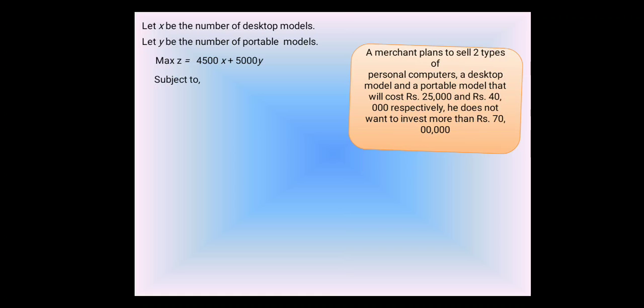Here not more than means he may invest exactly 70 lakhs on his sales or less than 70 lakhs. Therefore we have to use the less than or equal to symbol. Therefore our constraint becomes 25,000x plus 40,000y less than or equal to 70 lakhs.